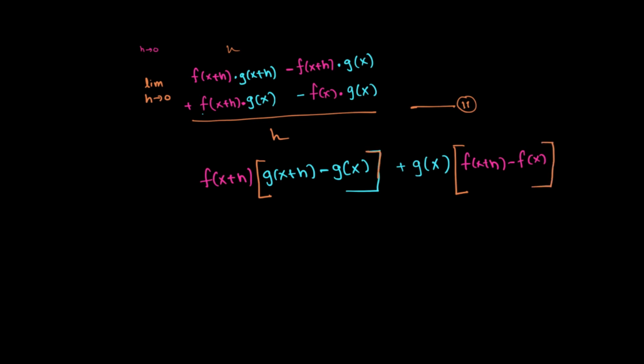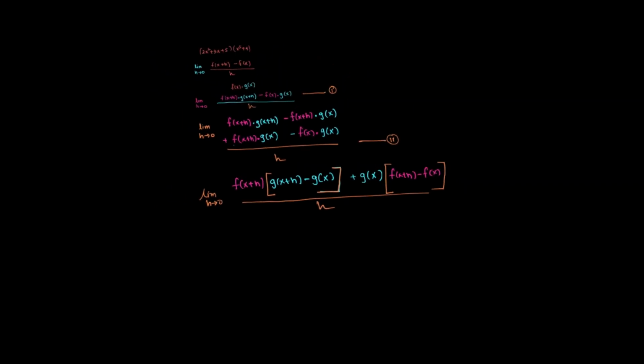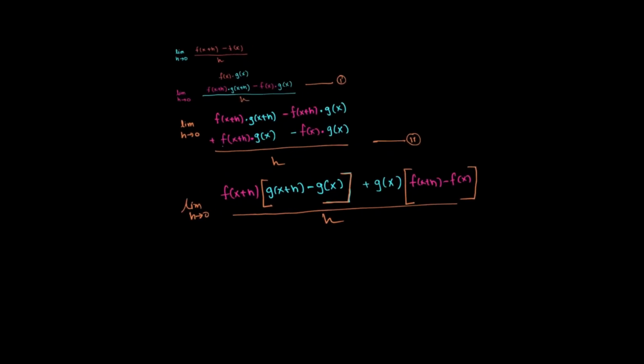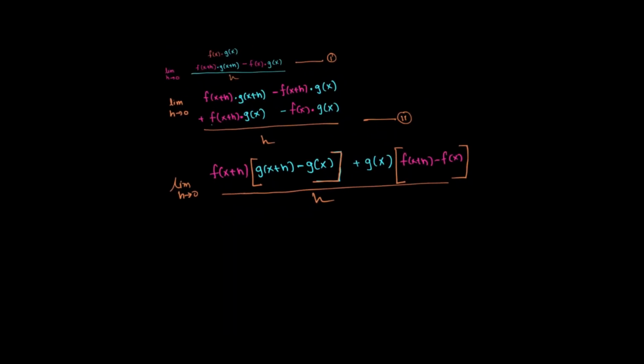And you have the h divided at the end, so let's write that h that is divided, and also we have to put the limit that h is going towards 0. So now we have rearranged the original definition of the derivative and represented it in a different form.